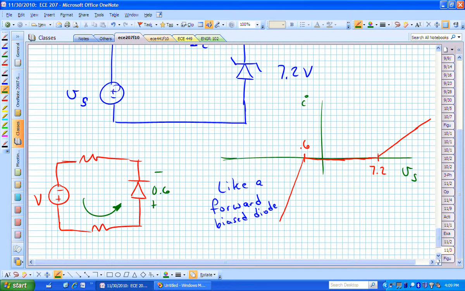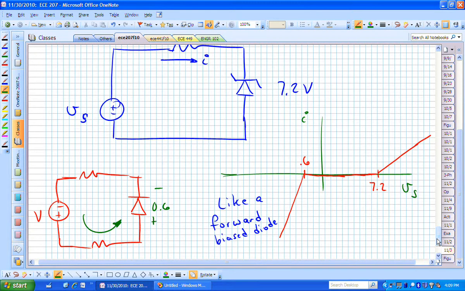It would be 0.6. Meaning if V sub S is bigger in the negative sense than minus 0.6, so maybe I should have said that's a minus 0.6. I'm on the left side of the origin. This is essentially the circuit that I'm doing, and it doesn't really matter where my resistor is.